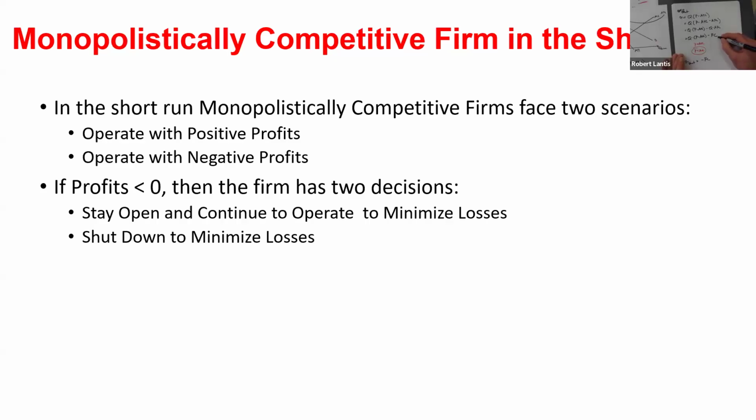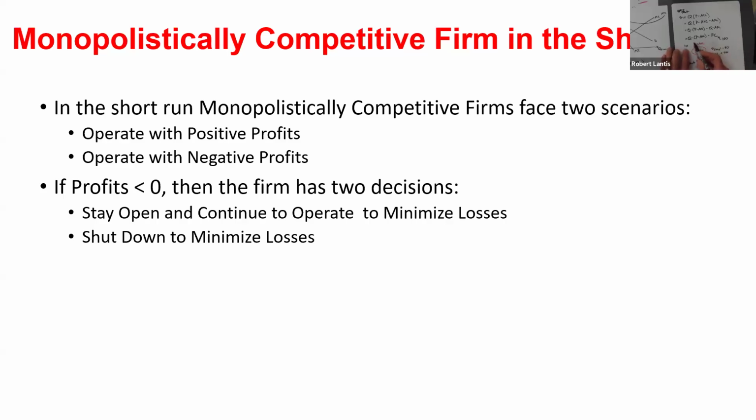And you can put some hypothetical values to this. Maybe here I had fixed cost of 100. Let's say that this value I calculated, if price was above average variable, maybe this would be something like 10. Okay, well, under that scenario, if I stay open, 10 minus 100 would be negative 90. Whereas if I shut down, they would be negative 100.